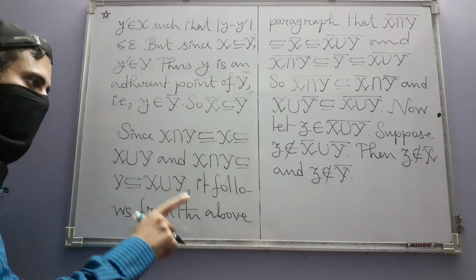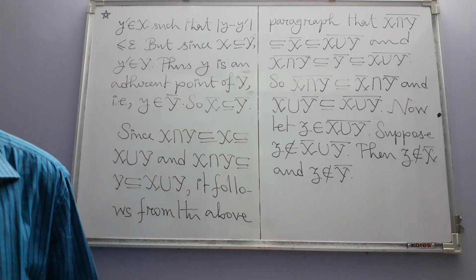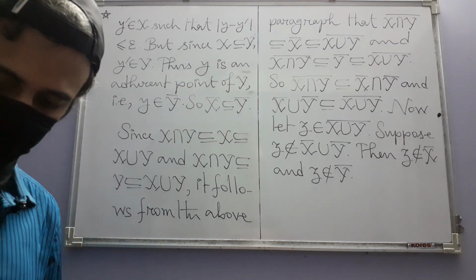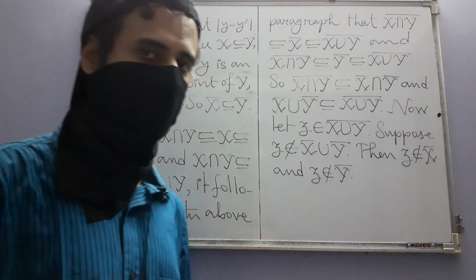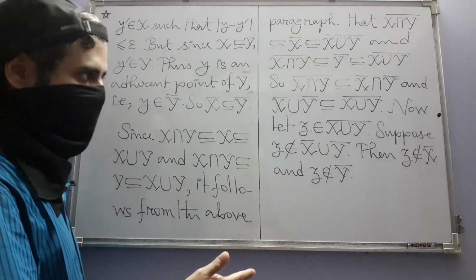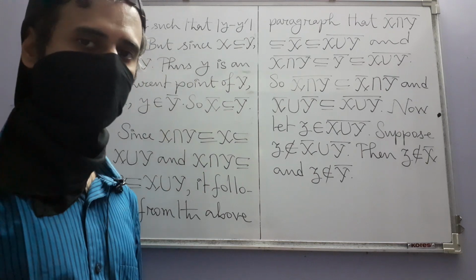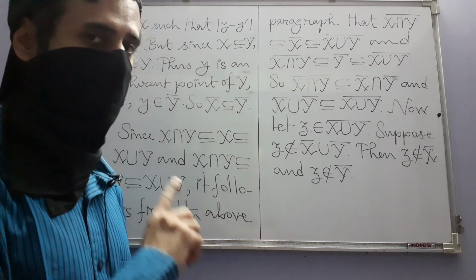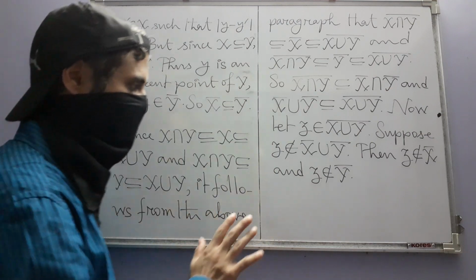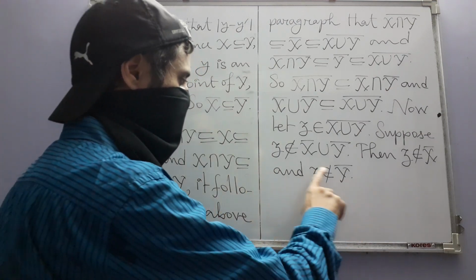Now being in closure means what? Being in closure just simply means that for every epsilon something happens, that condition. Not being in closure is its negation. What I am trying to say is this, I messed up.